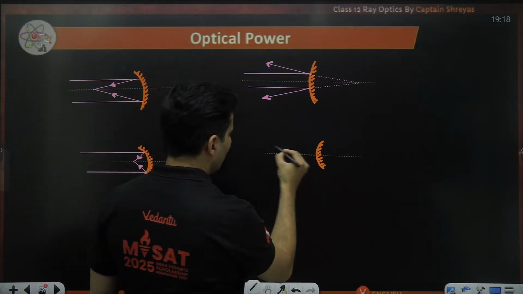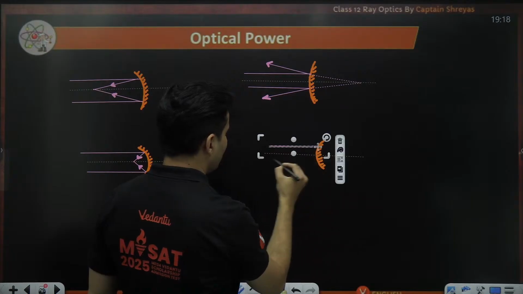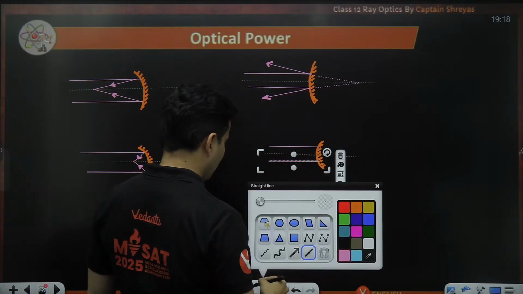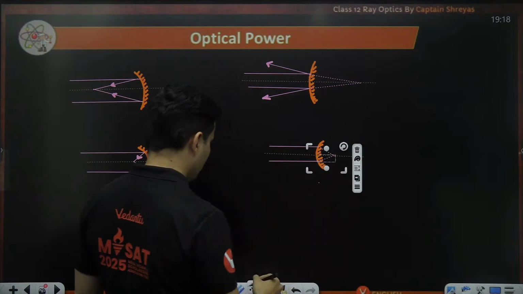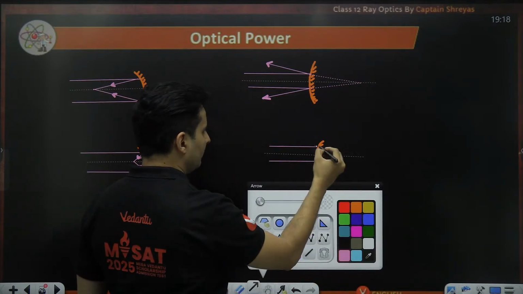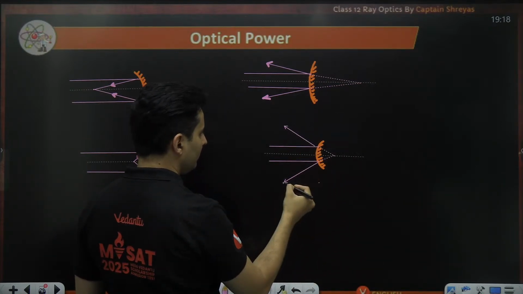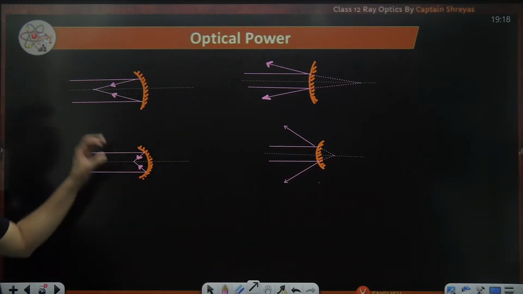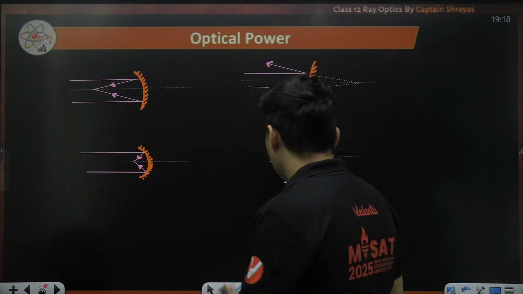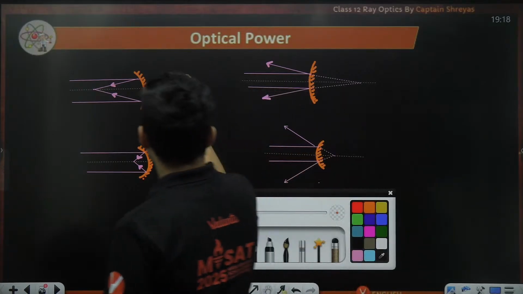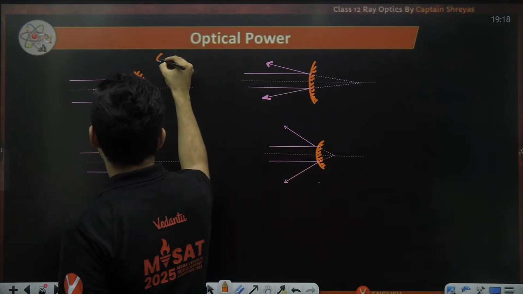Here you will see those same rays, probably they will meet somewhere over here like this. As you can see in both these mirrors, this is concave, this is convex.